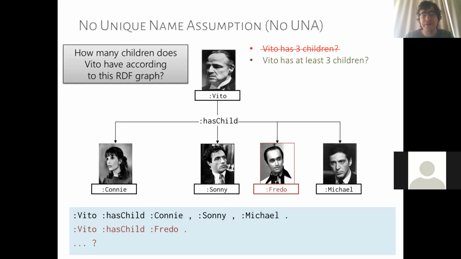So if we don't assume that all of these names are definitely referring to different people, then we have to conclude that Vito has at least 1 child, right? Because all of these could be referring to the same child. So if we assume all of these triples to be true, under the open world assumption and under the lack of unique name assumption, all we can say is that Vito has at least 1 child. That's essentially all we can conclude.